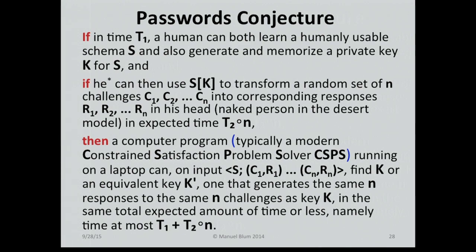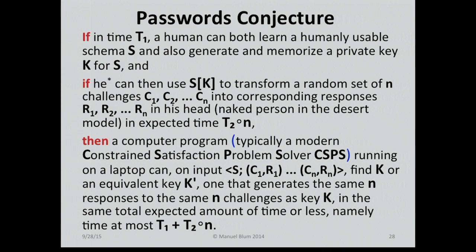I want less than a minute per password. Then a computer program, typically a modern constraint satisfaction problem solver, running on a laptop, given the schema and these challenge response pairs, will find the key or an equivalent key, one that generates the same responses to the same challenges, in the same total expected amount of time, or less. See, constants are important.